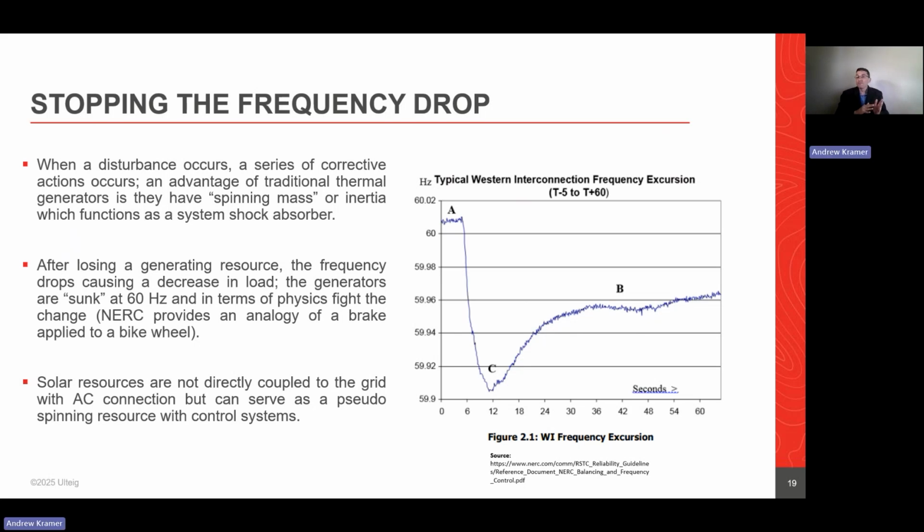Now, just a quick discussion of solar resources. Solar resources and things along those lines are not directly coupled to the grid in terms of spinning mass. You can proxy it with something called synthetic inertia, but your system operators tend not to like that as much. So I don't want you to come away with the impression that solar is useless in terms of restoring frequency.